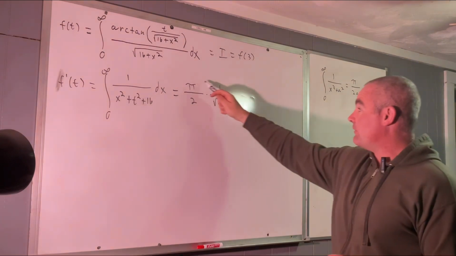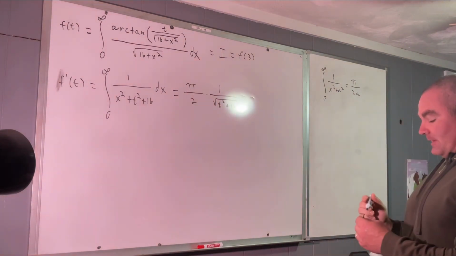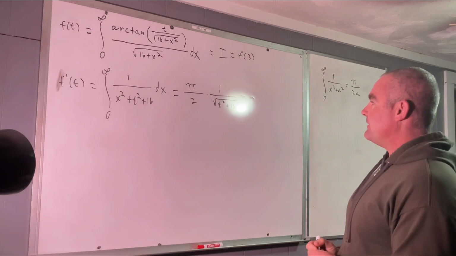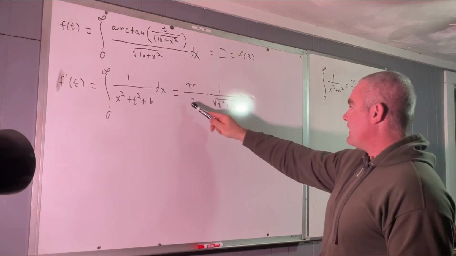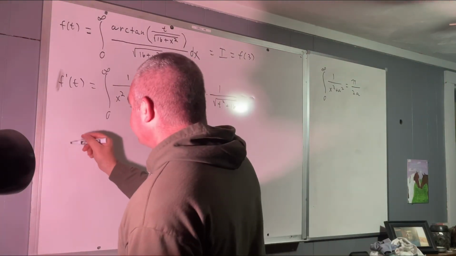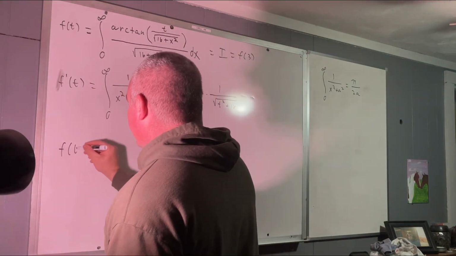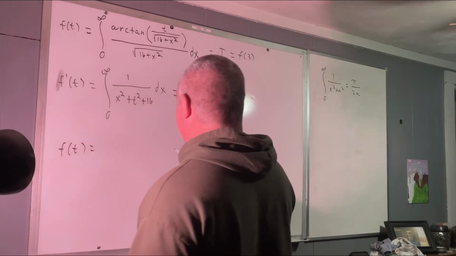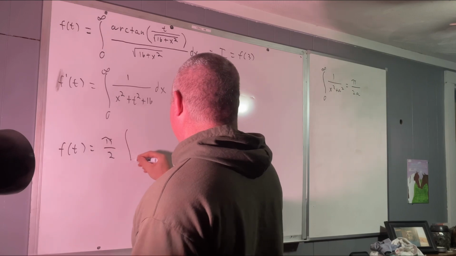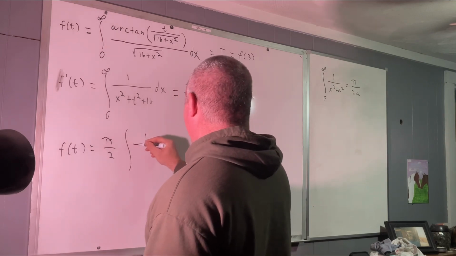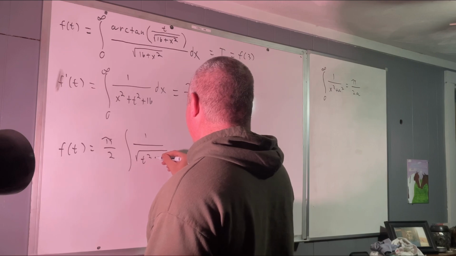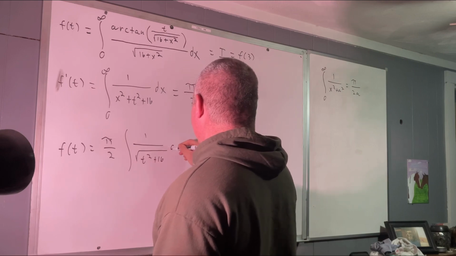We've reduced f prime of t to nothing but this, something in a non-integral form. So we can get f of t by anti-differentiating this with respect to t. So f of t is going to be equal to pi over 2 times the indefinite integral of 1 over the square root of t squared plus 16 dt.